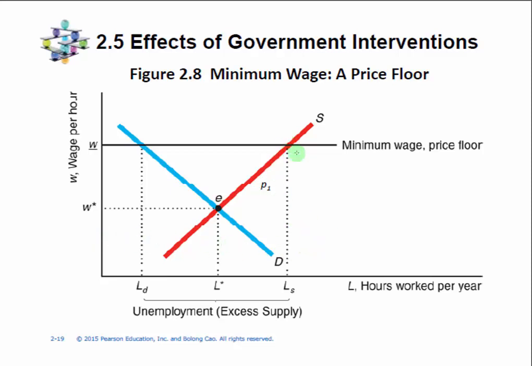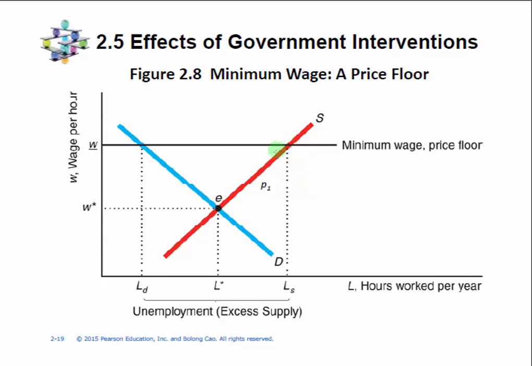But let's say the minimum wage is actually effective. It is actually binding. It has to be above the market equilibrium wage level. And then what you will have is basically unemployment. That's excess supply of labor, right?